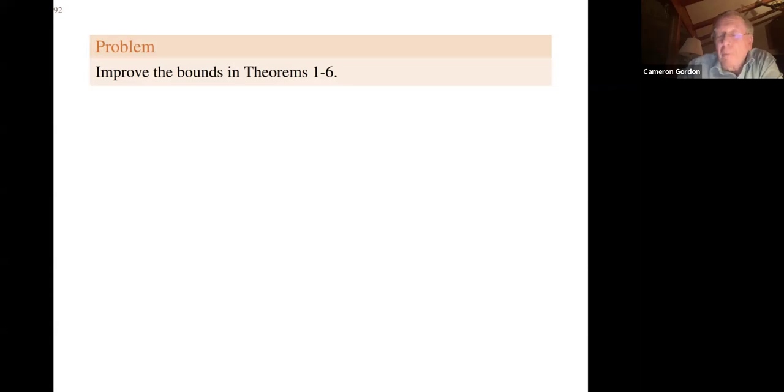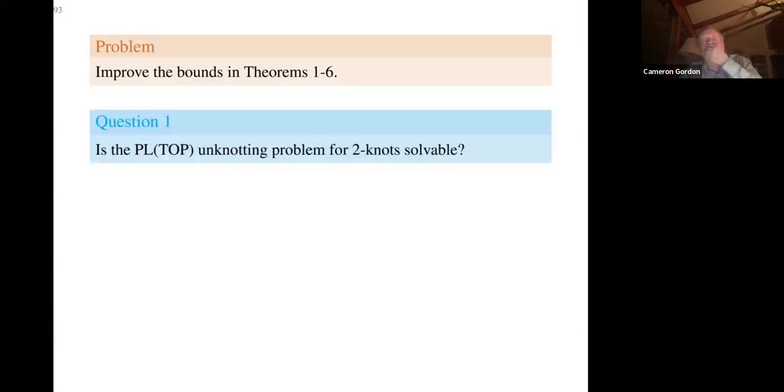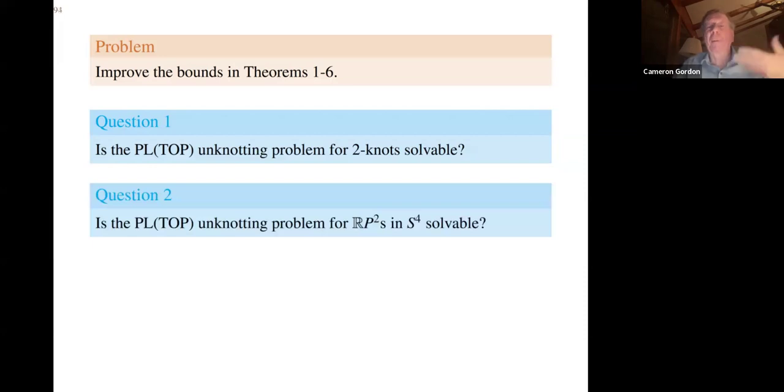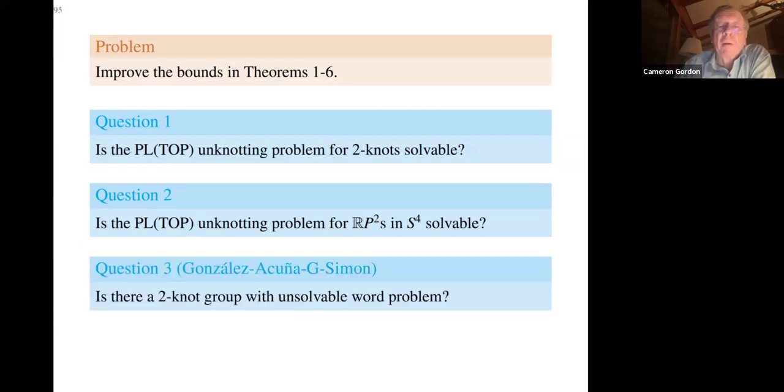But anyway, let me just finish by basically repeating some things I said right at the beginning. Obviously, what you'd really like to know is, is the unknotting problem for 2-knots solvable? And similarly, of course, you could ask for the simplest non-orientable case, RP2s. Is that solvable? And again, finally, let me come back to this conjecture that we made with Fico and Jonathan.